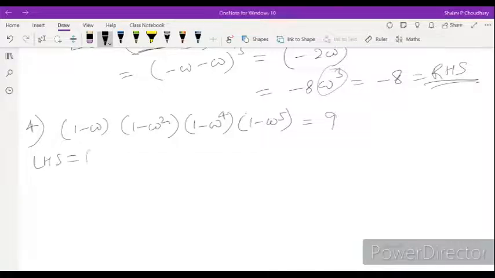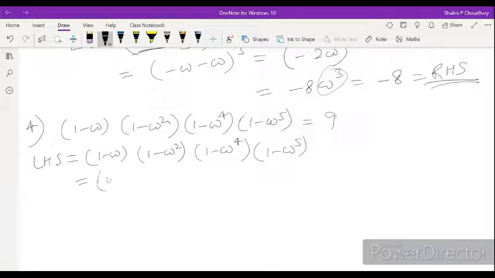Now (1 minus omega)(1 minus omega square)(1 minus omega to the power 4)(1 minus omega to the power 5). Okay, so how we'll do this?